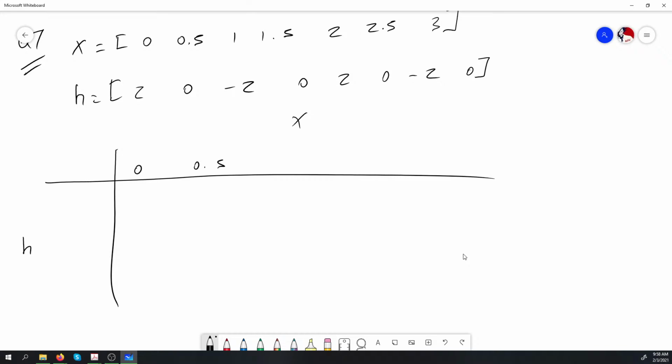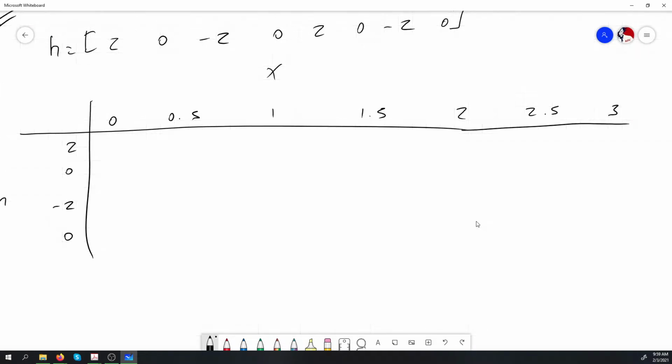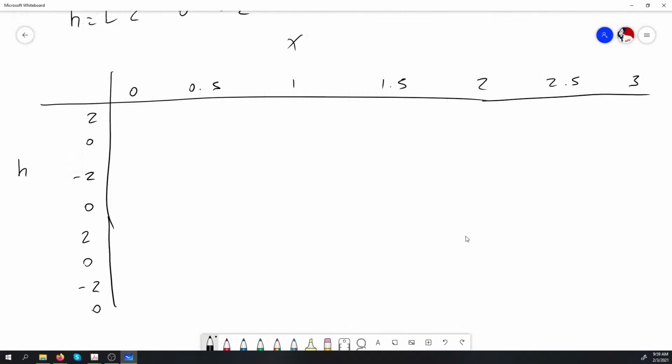So we have 0, 0.5, 1, 1.5, 2, 2.5, and 3, and 2, 0, minus 2, 0, 2, 0, minus 2, 0. Draw the table accordingly.